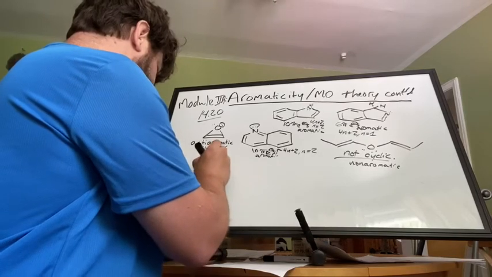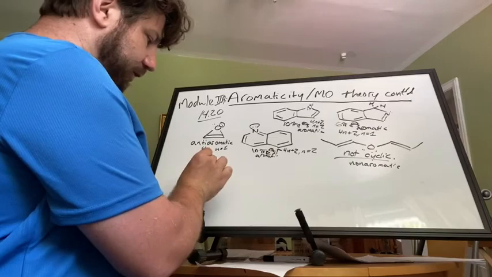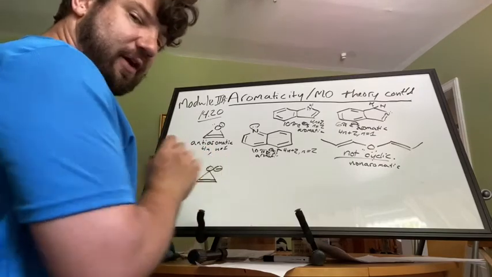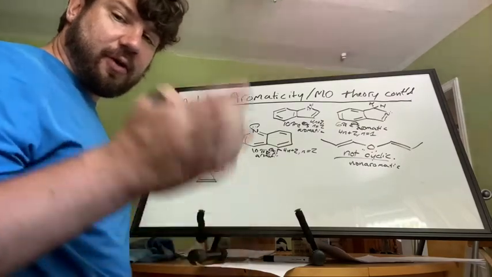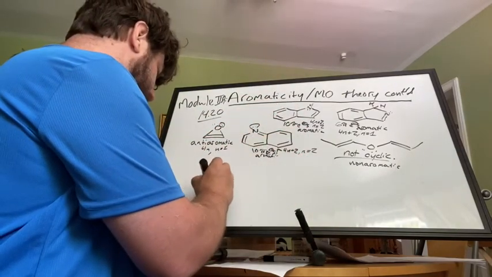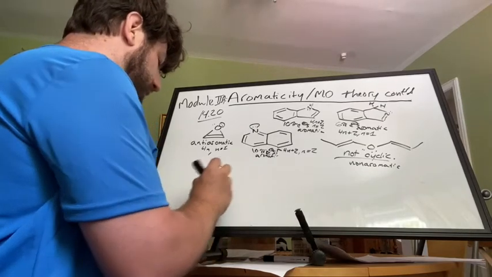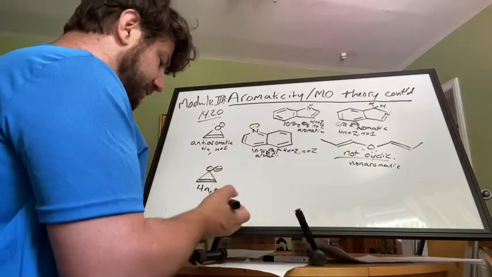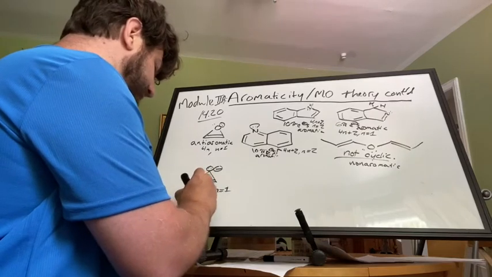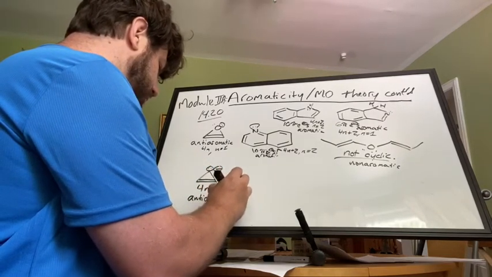So that's just going to be this particular ion. Again, you have a lone pair that can feed in, and then you have a double bond here. So that's going to be a total of 4 pi electrons. Okay, so 4n, n is equal to 1, so therefore it's going to be anti-aromatic.